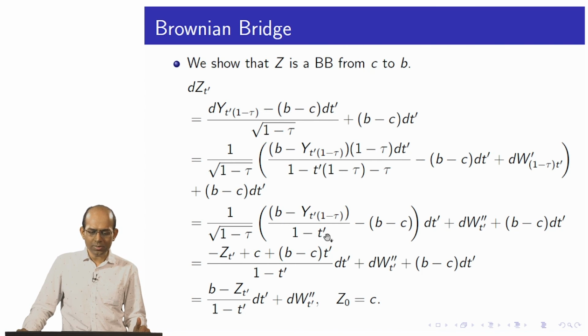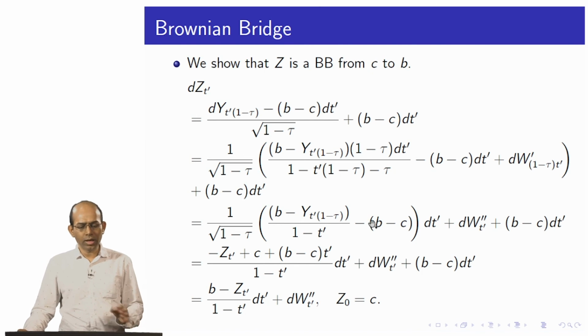So, 1 minus t prime stays here, and that 1 minus tau cancels with this 1 minus tau. So, after this simplification I would get b minus y at t prime divided by 1 minus t prime. Okay, and here minus b minus c, dt prime. Okay, and then this part I have already explained. This term is this term, as before.